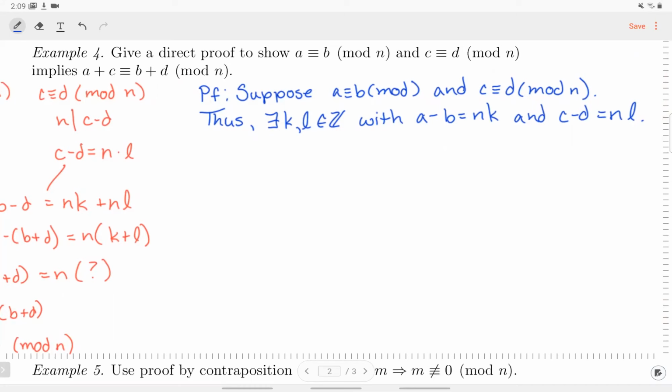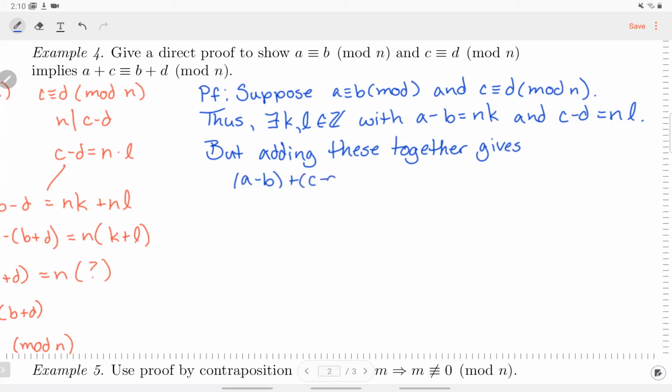Now what did we do? Oh, we added them together. Adding these together gives A minus B plus C minus D equals NK plus NL, which is A plus C minus B plus D equals N times K plus L. All right.